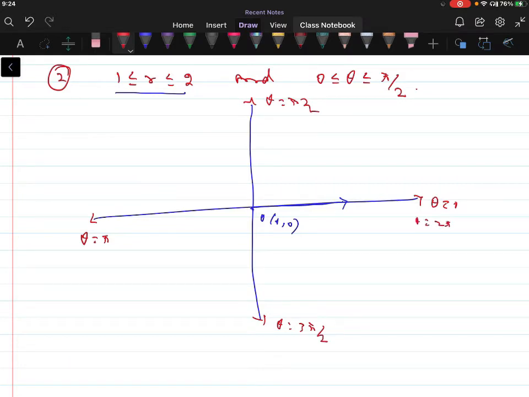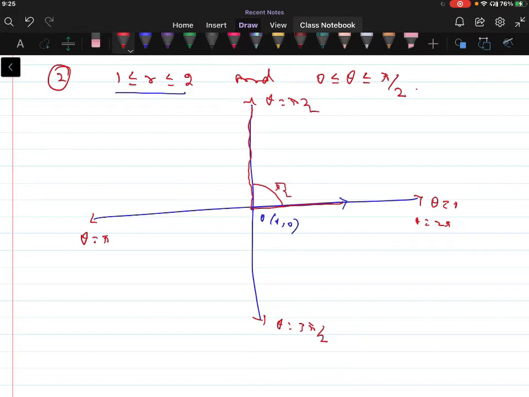So theta varies from 0 to pi by 2. The initial ray itself is theta is equal to 0, and a ray from the origin makes an angle theta is equal to pi by 2.